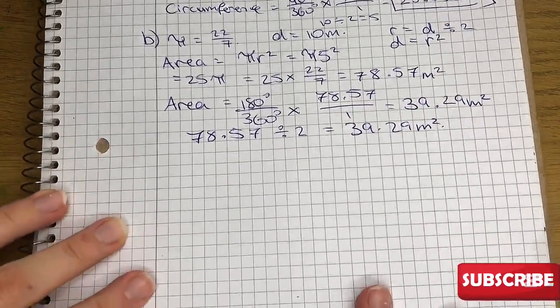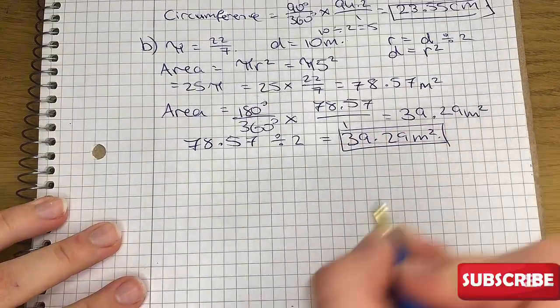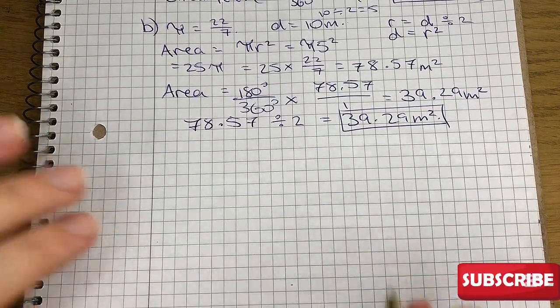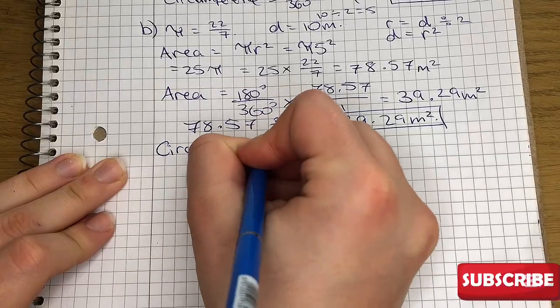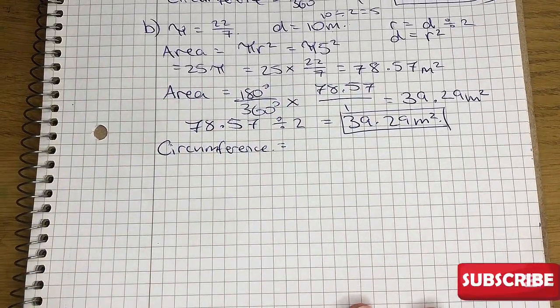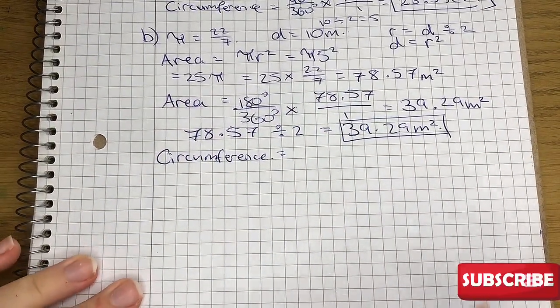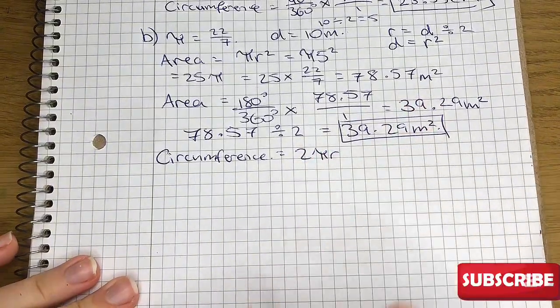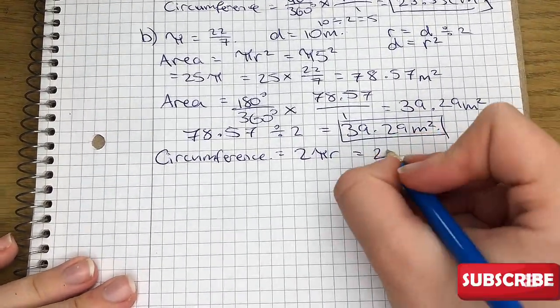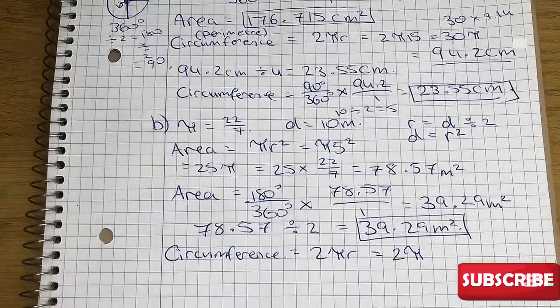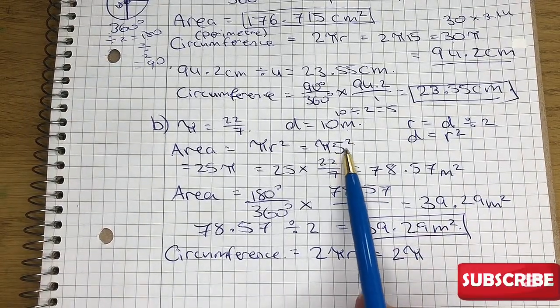Okay, now that we have found the area, we must find the circumference. To find the circumference, our formula is 2 pi r. So 2 multiplied by pi multiplied by the radius, and our radius is 5.